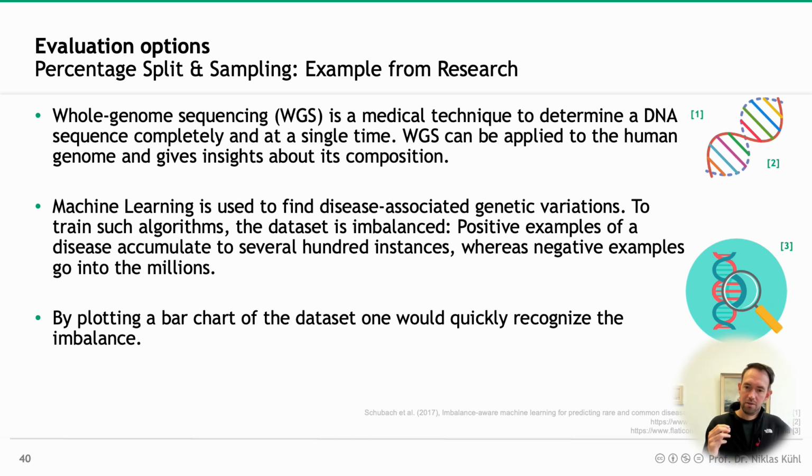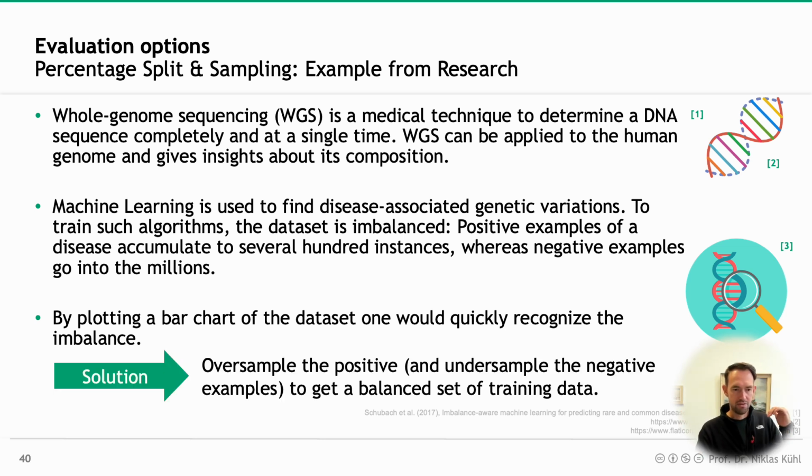Again, with what we learned from last time, you would now plot this data, you would see this imbalance, and now you can counter that by, for the training, for example, oversample the positive and potentially also undersample the negative examples to now get a balanced set for training data.